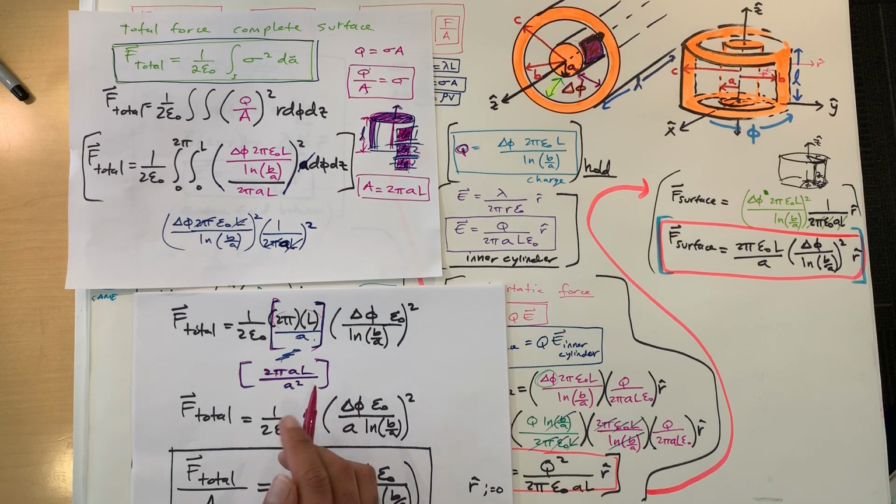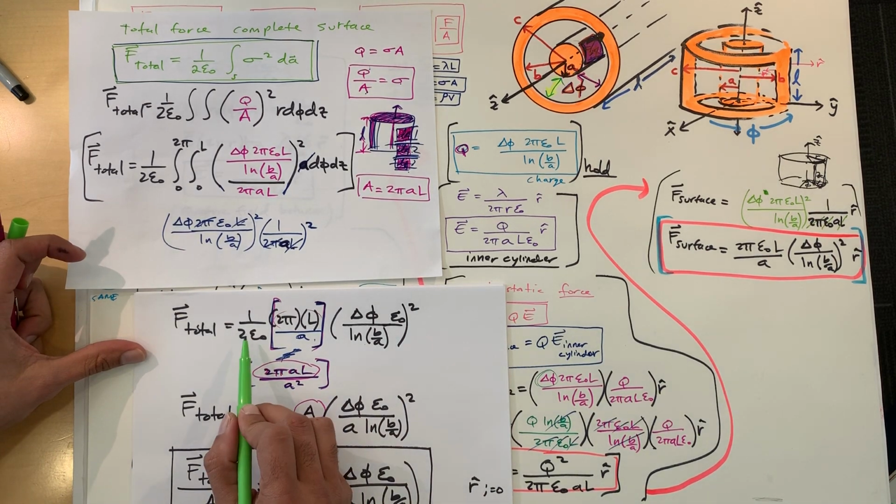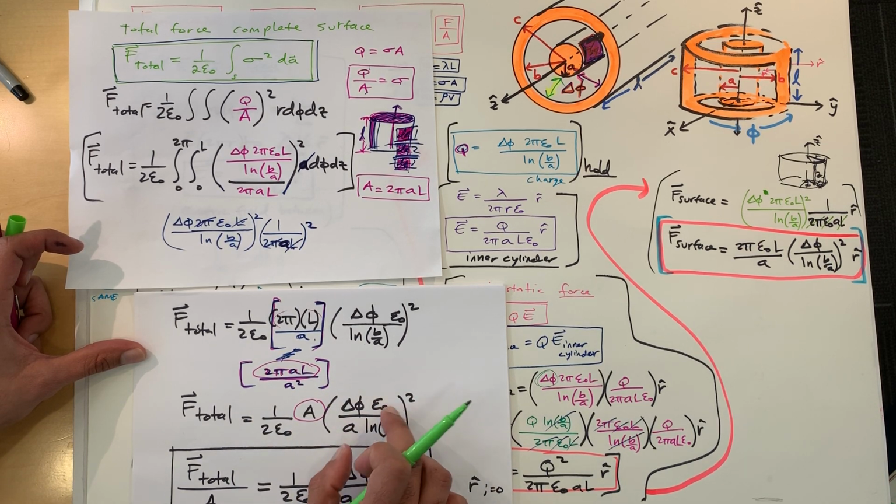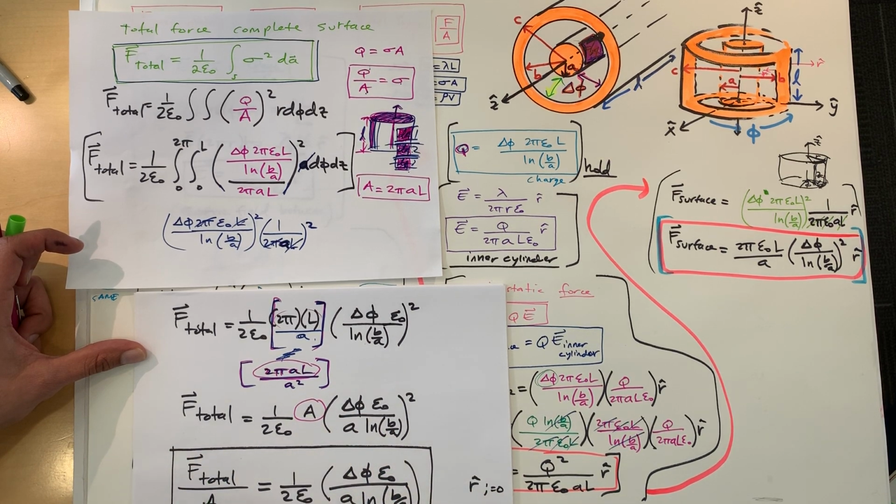But this helps us because now I have an A on top, and I like A's. So we're going to keep this 2 epsilon over here. We have A squared, which I'm going to move inside to where everything that's squared belongs. And so that's it. I'm going to divide out this A to this side, and now I have force per area.